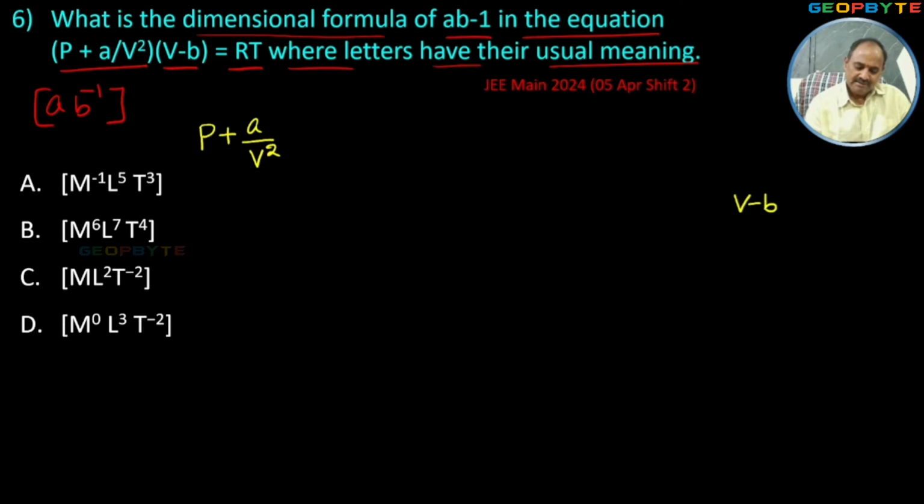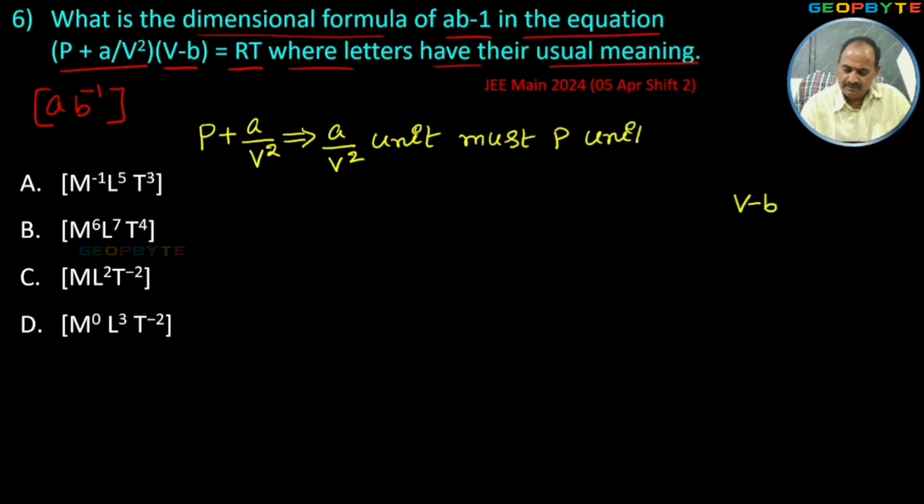Since a by v square is added to p, a by v square unit must be p unit, meaning pressure unit. P is the pressure, v is the volume. Similarly, here b is subtracted from v.